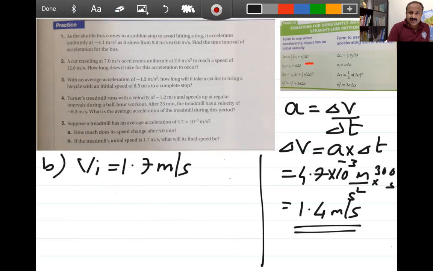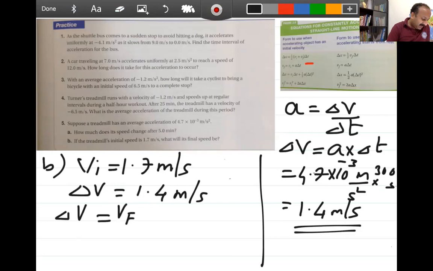Okay, so you know in part A you just calculated delta V, the value of delta V, how much is that? 1.4 meter per second. It's very easy, this part. You know what is delta V? Change in velocity, Vf minus Vi. Here you're looking for Vf, so just bring this Vi to the left hand side. So delta V plus Vi will be equal to Vf.